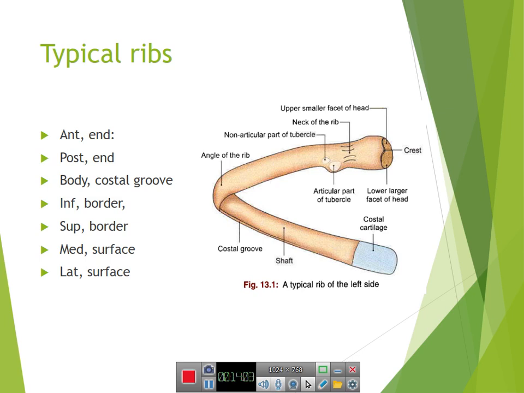It is bent at the angle. As you can see here, we have an angle, and the shaft of the rib is bent at the angle which is situated about 5 centimeters lateral to the tubercle. Here's a tubercle, and 5 centimeters out of the tubercle we have a bend of the rib that's called the angle of the rib.